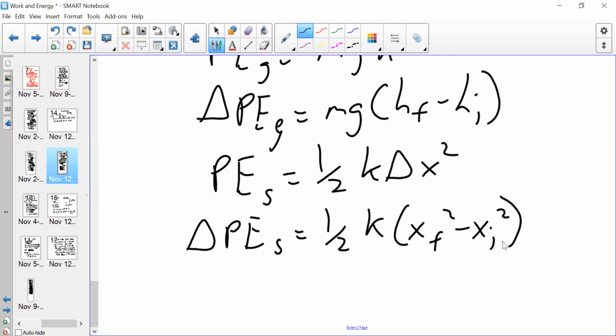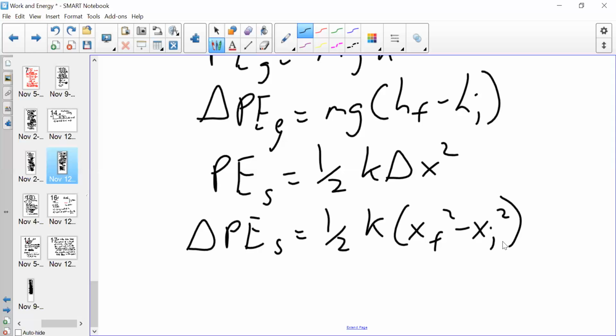Yeah, and on the left page, there is one where initial is first. I just want to know, how do we tell the difference? Like, should we always go for final minus initial?